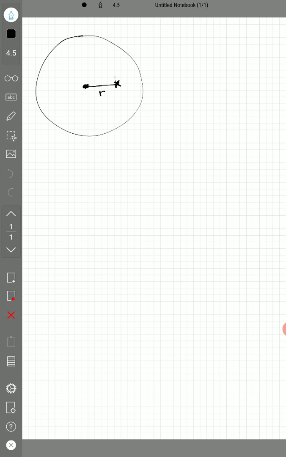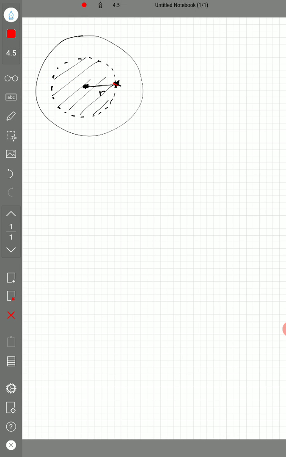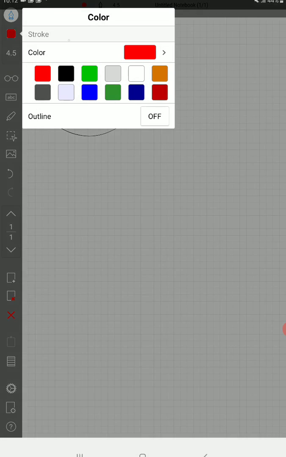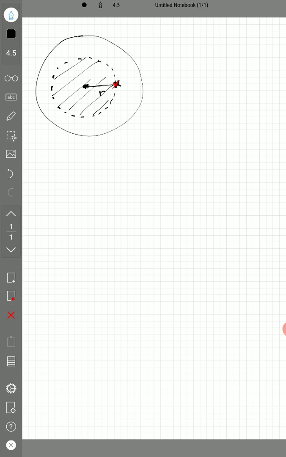When you're at this point, the only mass that is causing a gravitational attraction on you is the mass inside this imaginary sphere. So if you're at this point, then only the things that are between you and the center will cause a gravitational attraction.